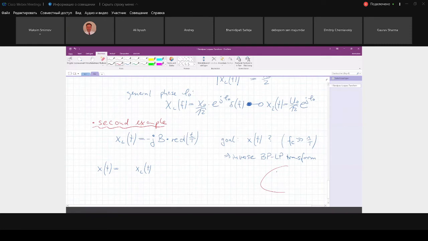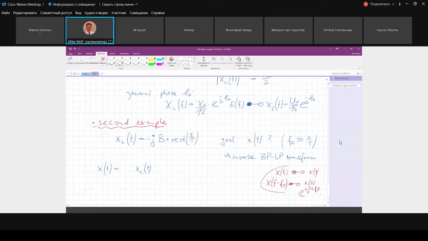If I have x of f, in the time domain let's say x of t, then if I take a look at x of f minus f naught, I shift the spectrum. If this f naught is positive, I shift to the right. Then in the time domain, I get x of t times e to the power of plus j 2 pi f naught t.